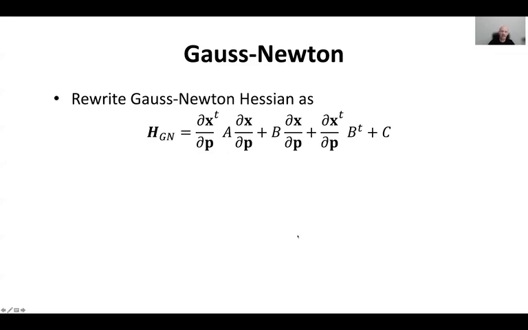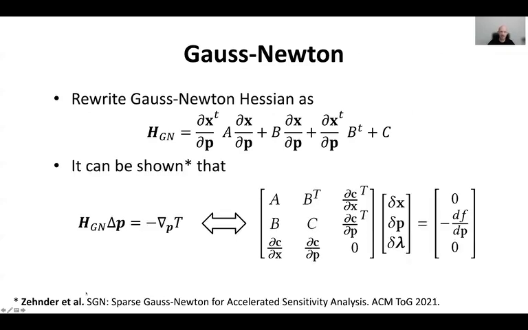Now, what can be shown, and what we did show in a recent publication in Transactions on Graphics, is that solving the dense system that we've seen before is actually equivalent to solving a larger system over here, one that involves a larger number of variables, but it's sparse.